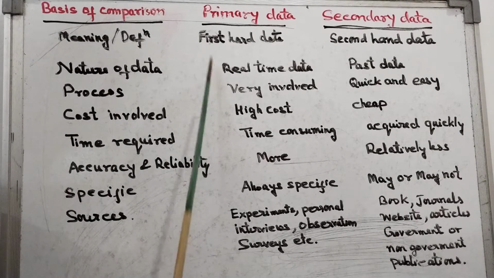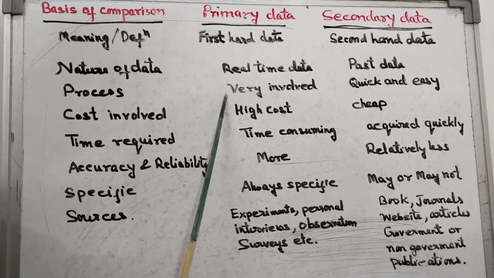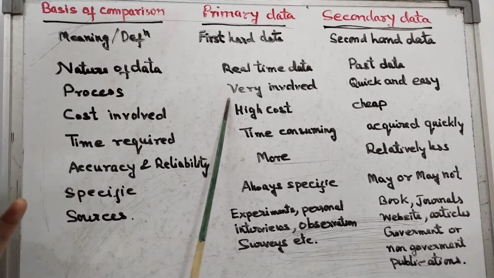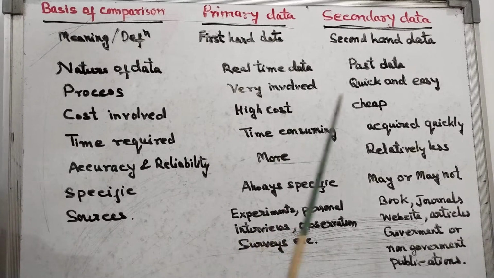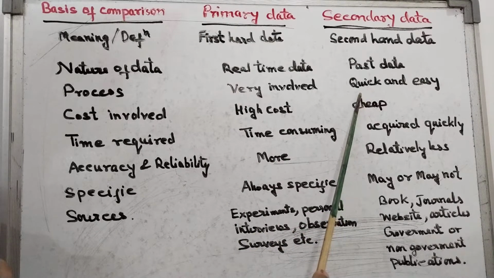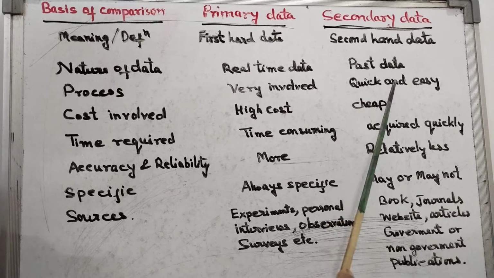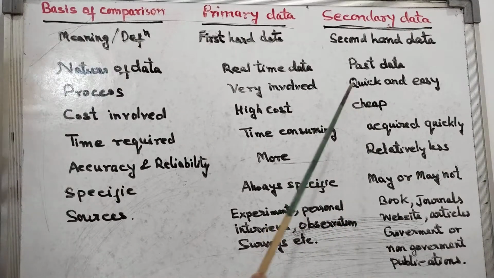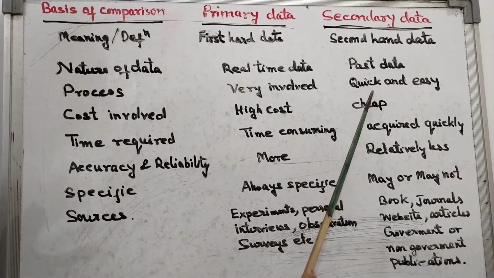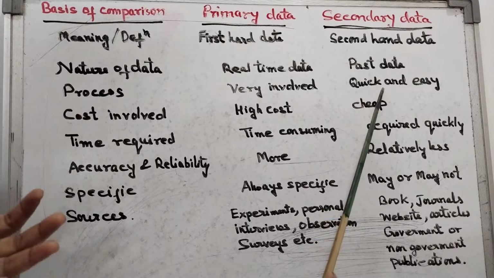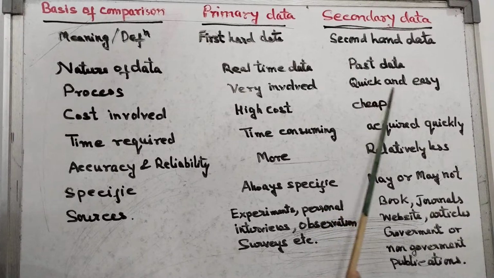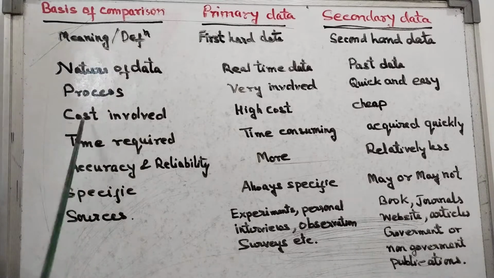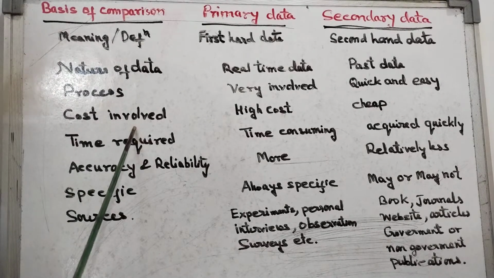Then process. When we go for primary data, we need to be very much involved. So it is very involved, whereas with secondary data we get the data in a quick and easy way. No need to be involved very much, just because we take from others' records. So it is quick and easy. Next is cost involved.